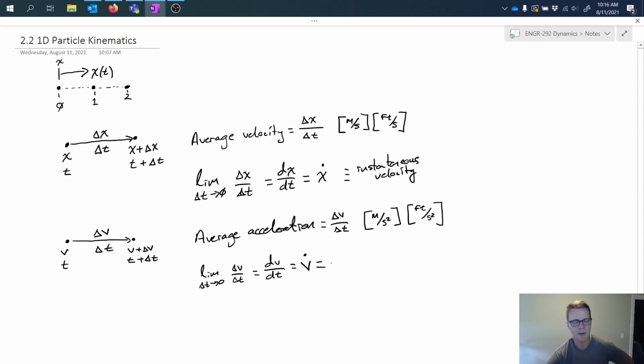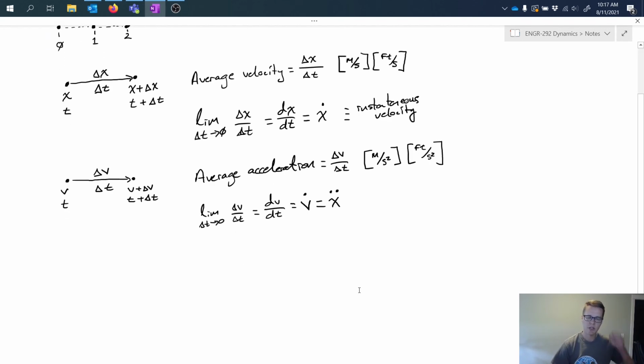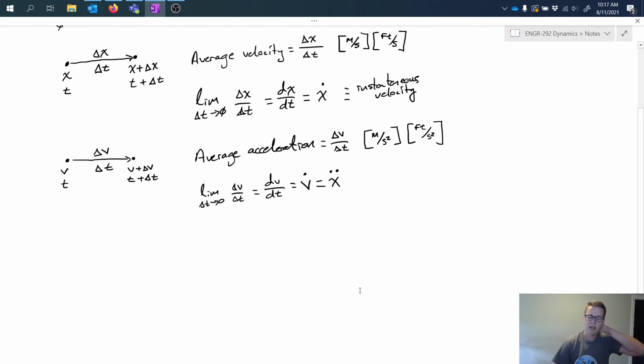I can take this a step further, though, to say that in terms of position, this is the second derivative of my position x. So I've also written this as x double dot. The two dots over the x indicate that I'm taking a second derivative of x with respect to time.